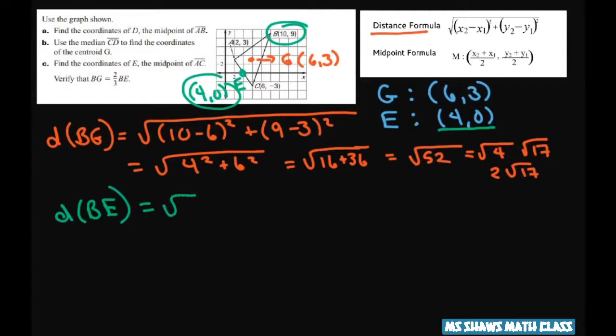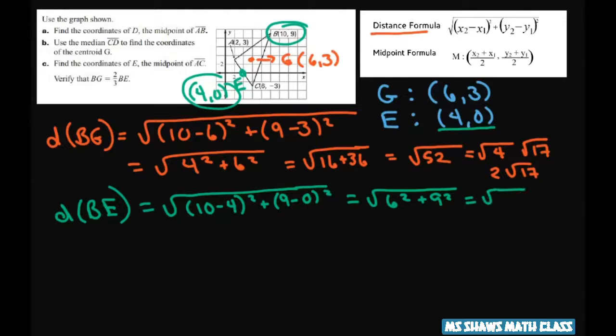So we're going to do 10 minus 4 squared plus 9 minus 0 squared. And that gives us 6 squared plus 9 squared, which equals the square root of 36 plus 81.